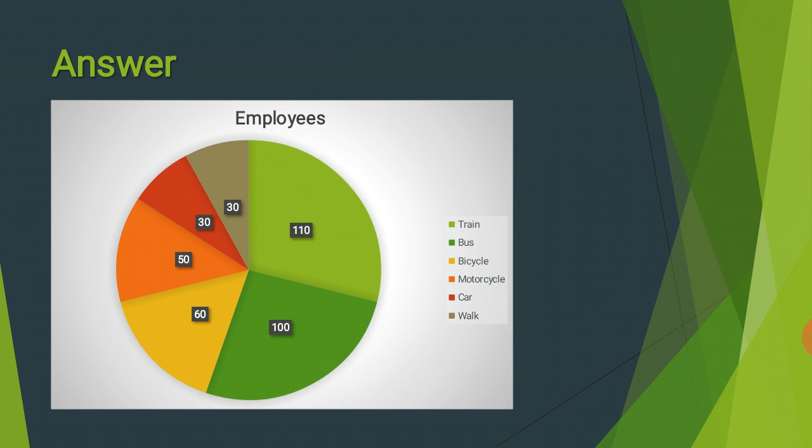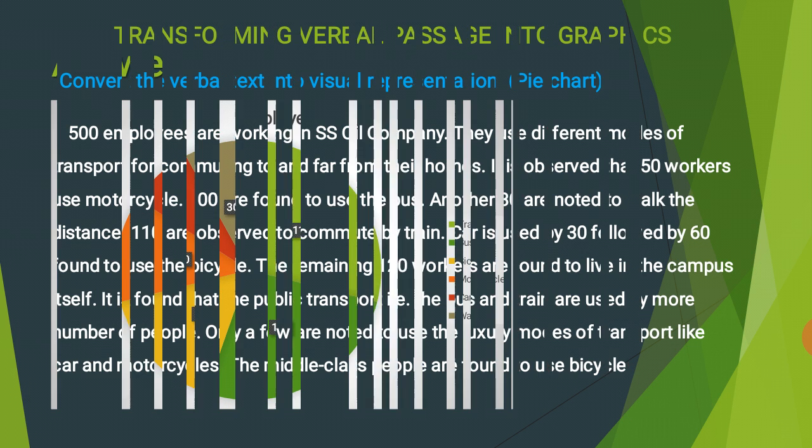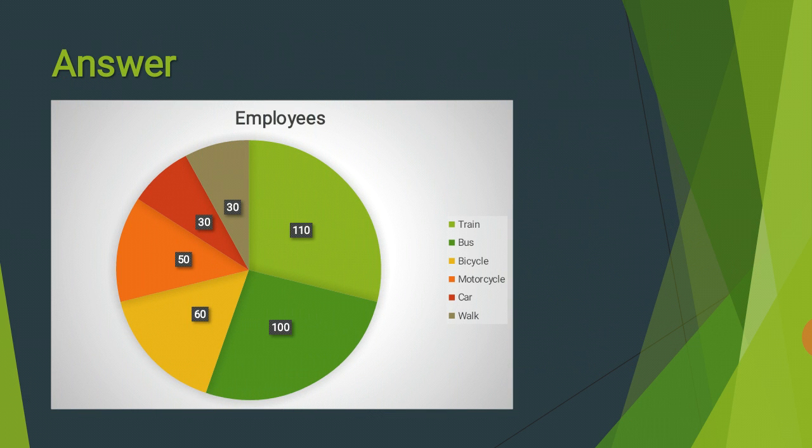See the slide, the passage is about employees and their working conditions. The employees are coming to the company, and how they are using transport is given in the passage. The answer for the passage is given. The suitable title for the passage is Employees.